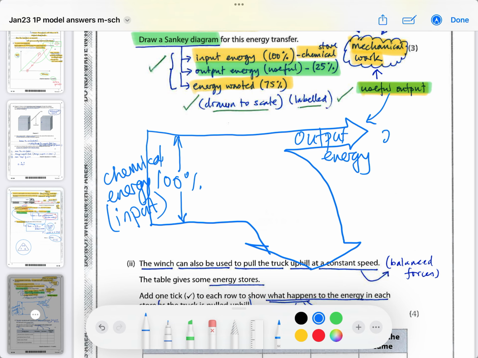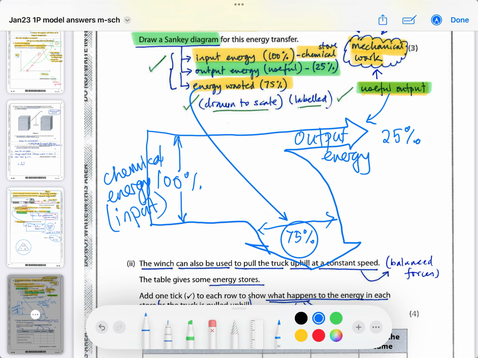That would be 25%. So if this was 10 centimeters, say, across here, then this would only need to be 2.5 centimeters. And this width here would need to be 75% the width of the original input. And this 75% would be the energy wasted.